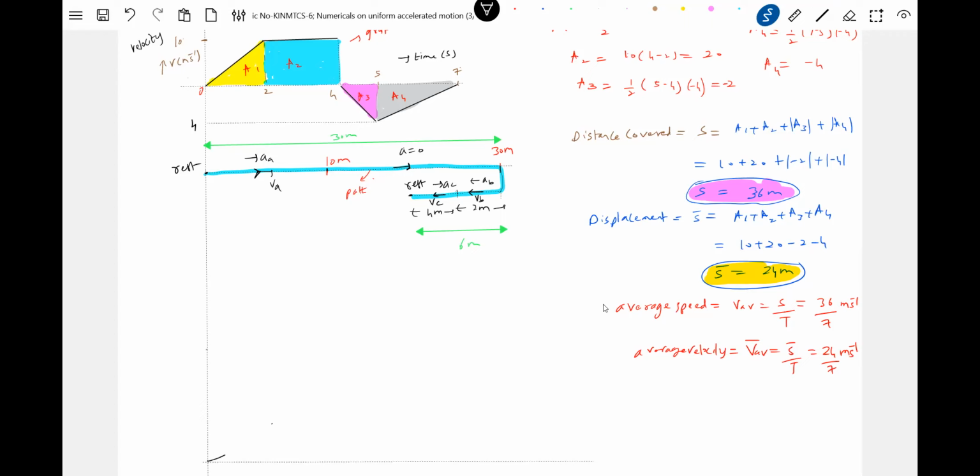Plotting graphs without any skills is a little bit difficult. 2 seconds. Yeah. Then what will it do? It will accelerate. And finally comes to rest.